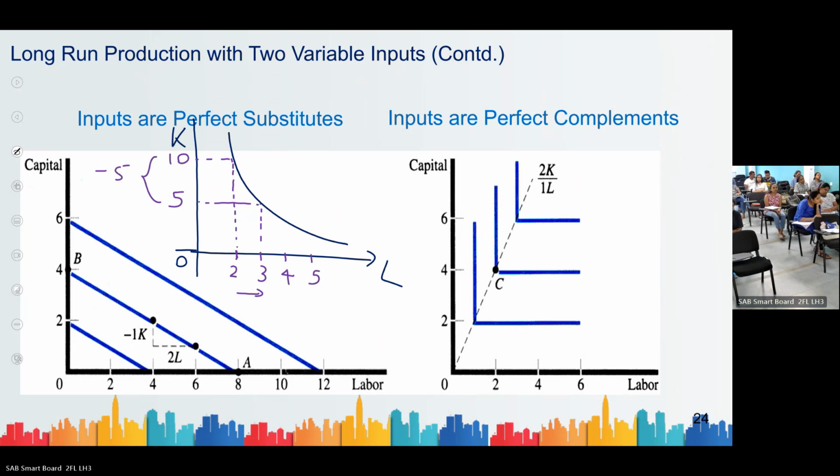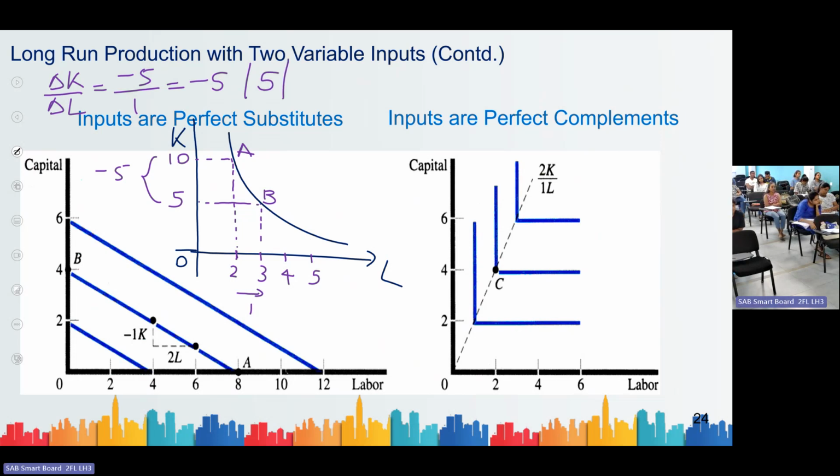Delta K over delta L is -5 divided by 1. This is point A, this is point B. From point A to B, the slope is -5. So the marginal rate of technical substitution is 5.